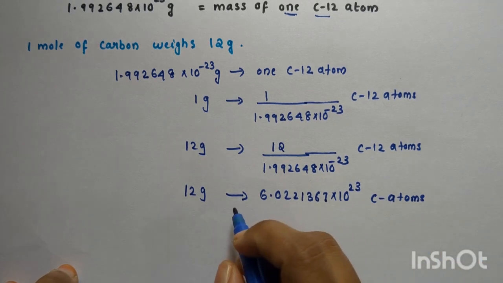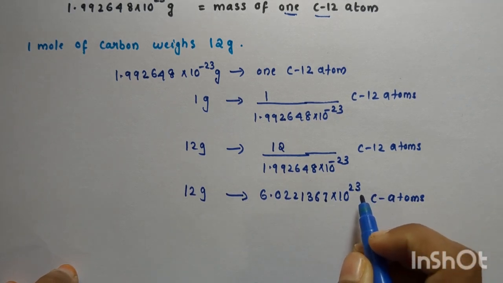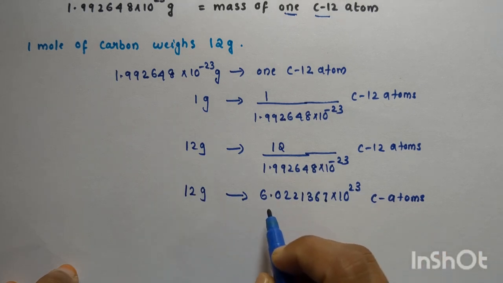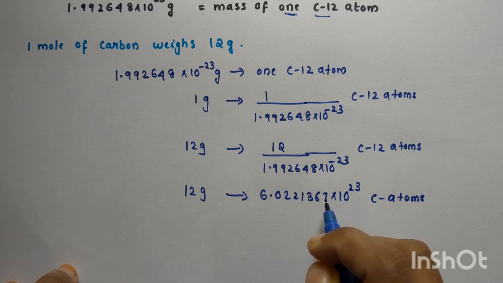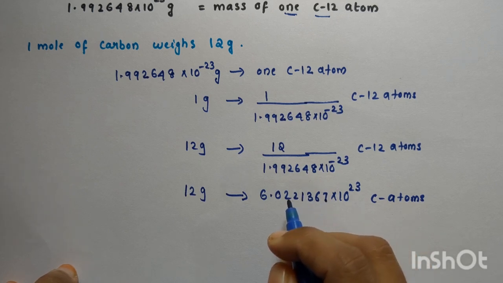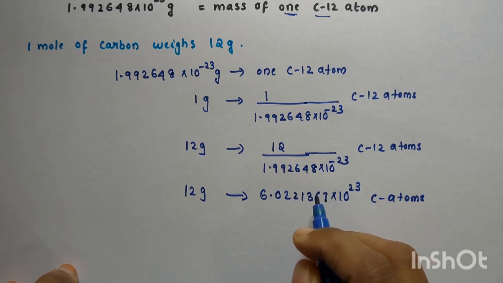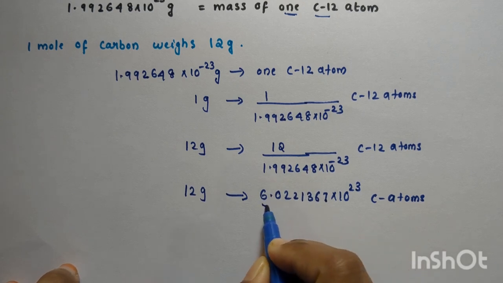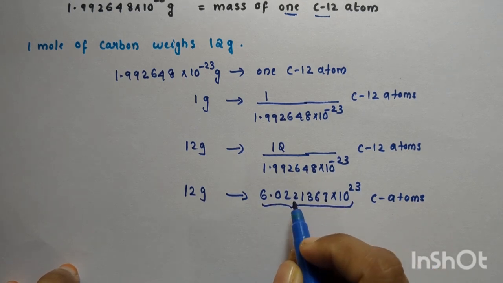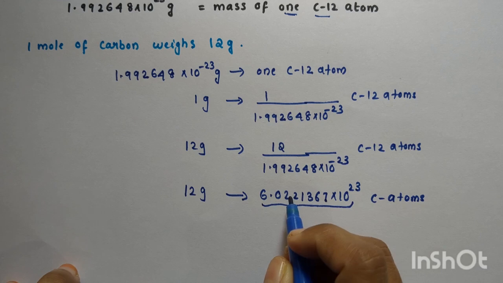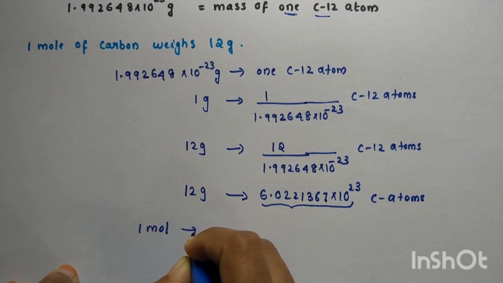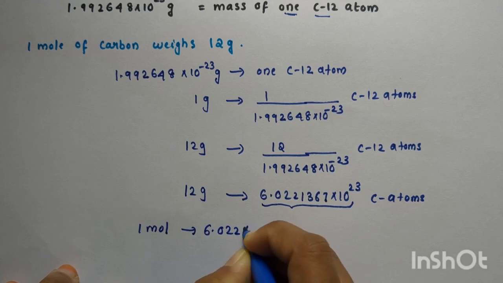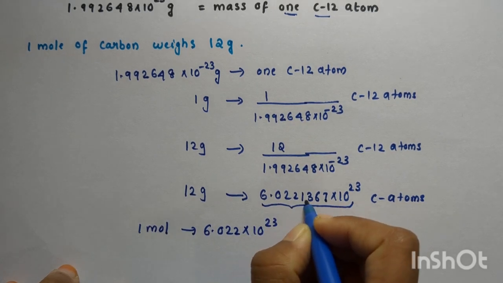That is the number of atoms in the carbon-12 isotope. In 12 gram, that is 6.0221367 × 10^23, the number of atoms in the carbon-12 isotope, which is actually equal to the number of atoms in 1 mole. In 1 mole, there are 6.022 × 10^23, as we are just rounding off this value.